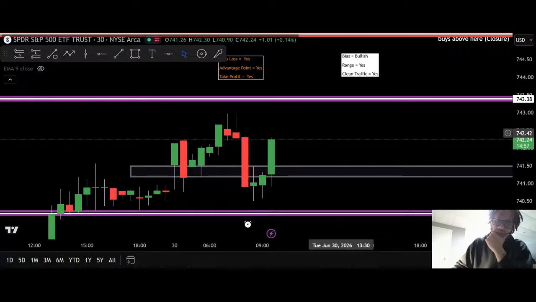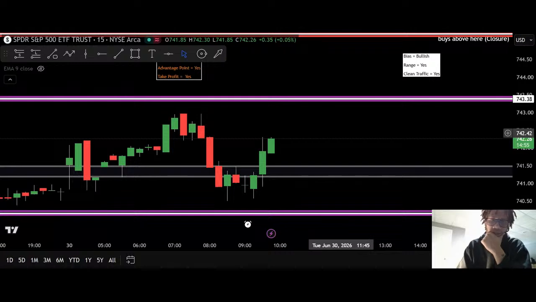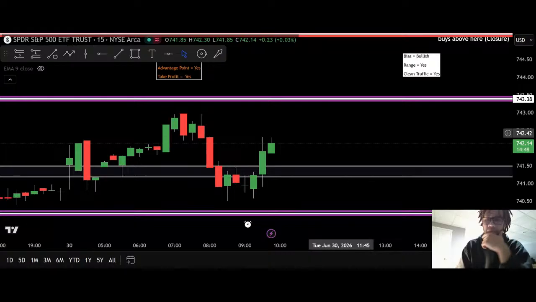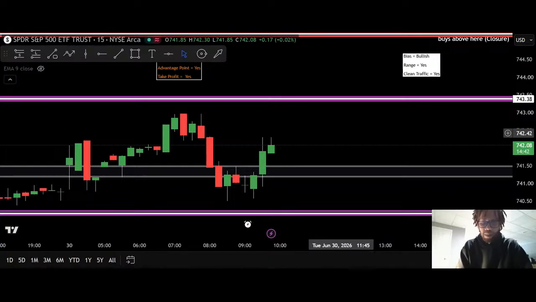Oh, wow. Okay, closed above, open with no bottom wick. Okay, and 85% of candles have top and bottom wicks.